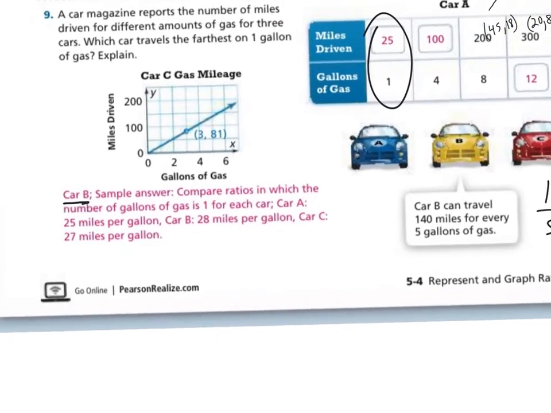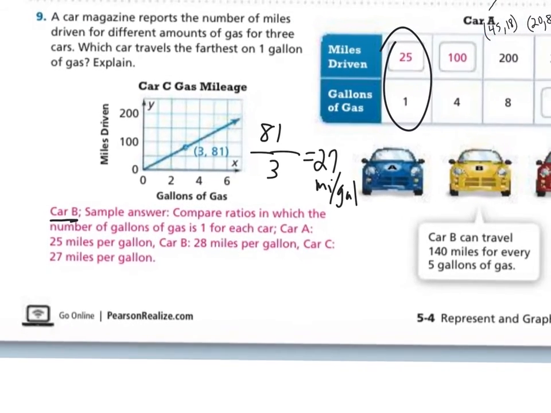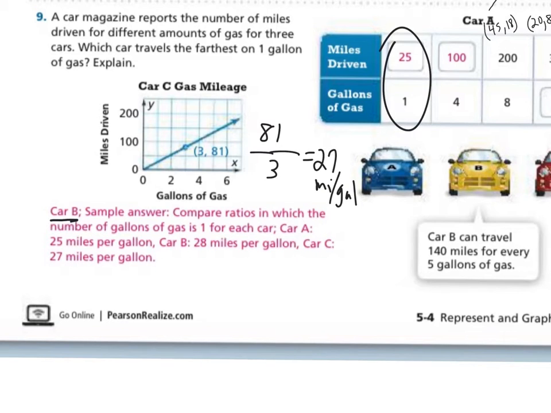And then car C, 81 miles for 3 gallons. If you divide that out, it's 27 miles per gallon. The other way you could do that is you could try to get all of them to 15 gallons. 15 would be a number that would work with 1, 3, and 5. You could figure out for 15 gallons which one goes the further distance.